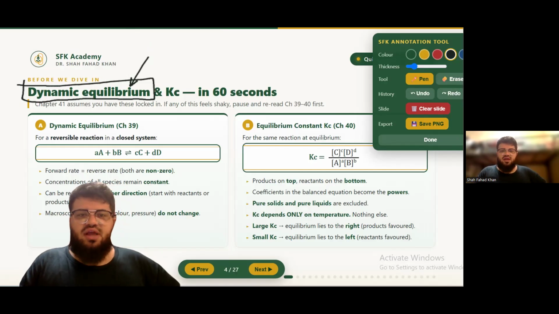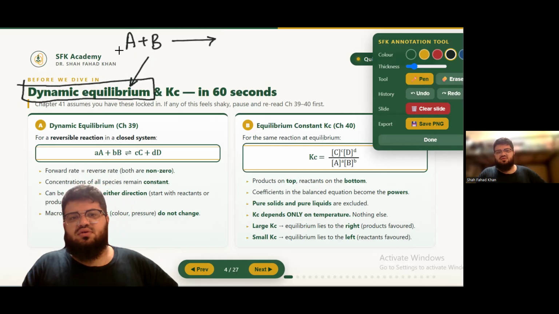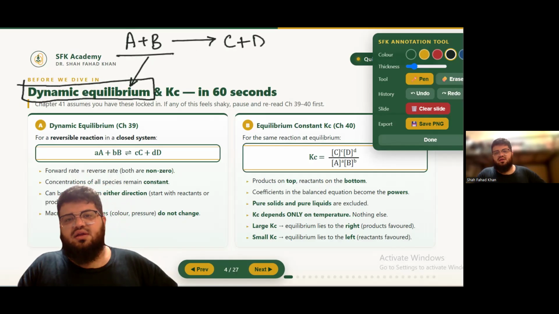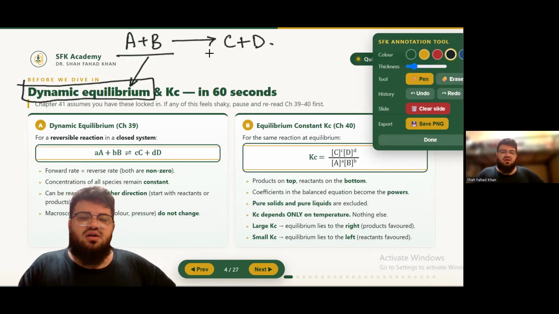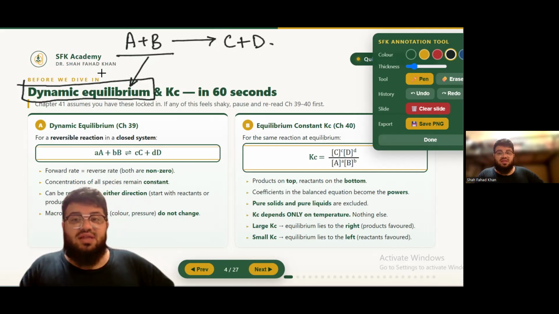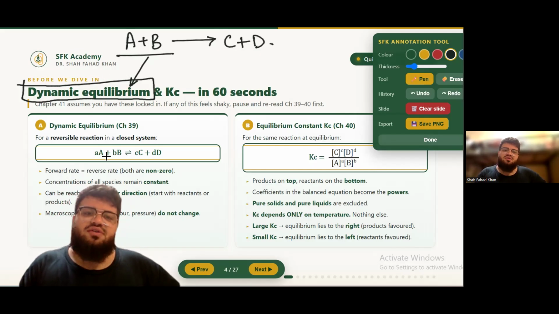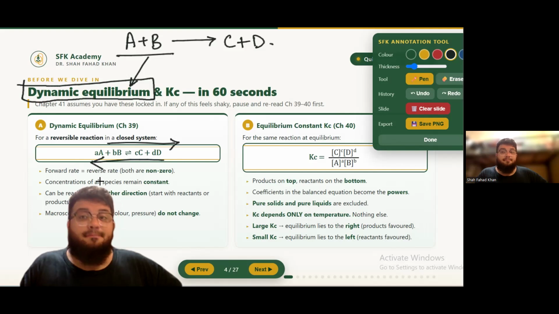In an irreversible reaction, there is a unidirectional flow of substances from the reactant to the product side, correct? However, equilibrium is only possible in a reversible reaction. A reversible reaction is a reaction that can go in both directions, forward as well as backward.